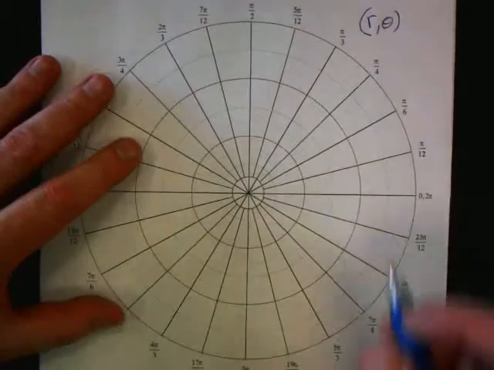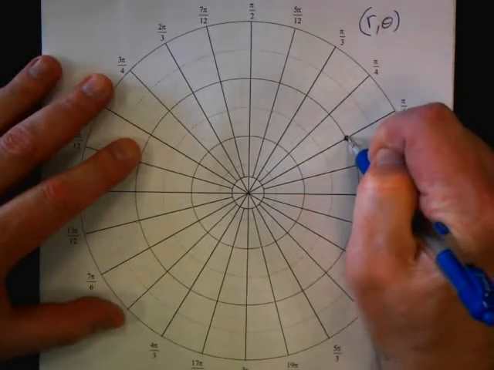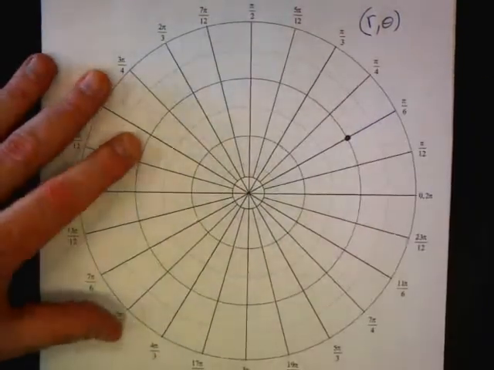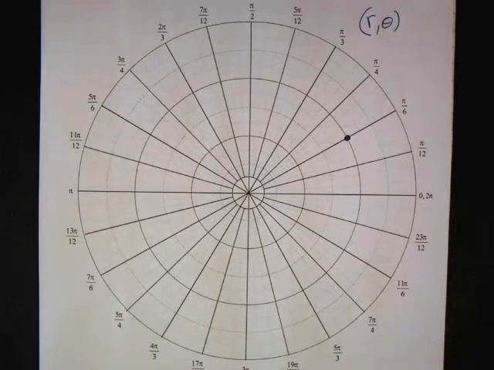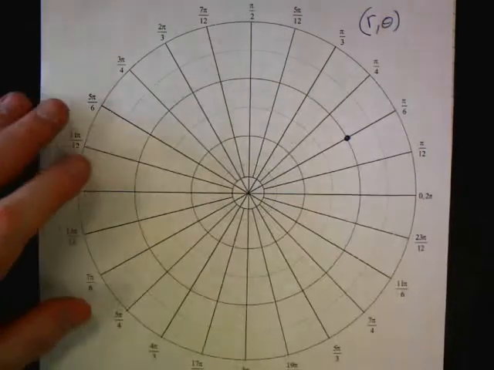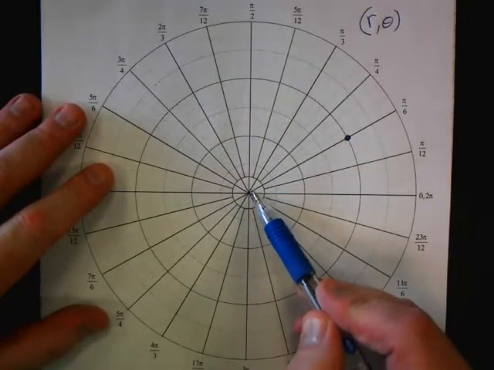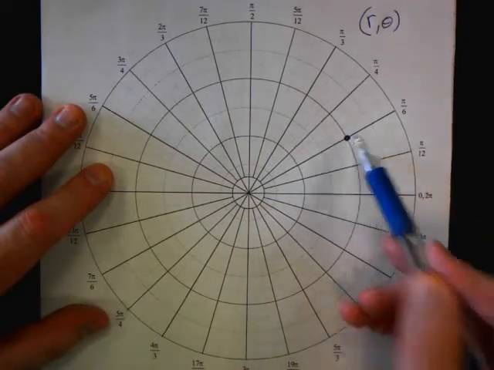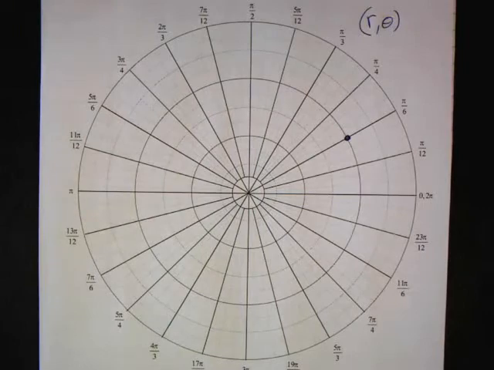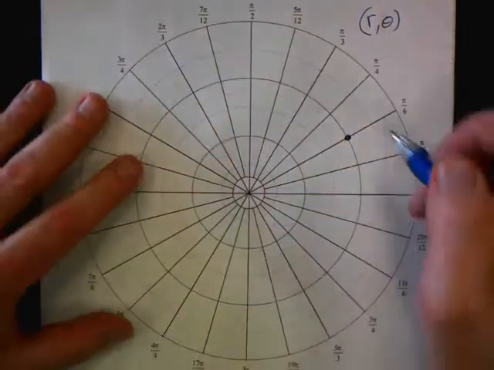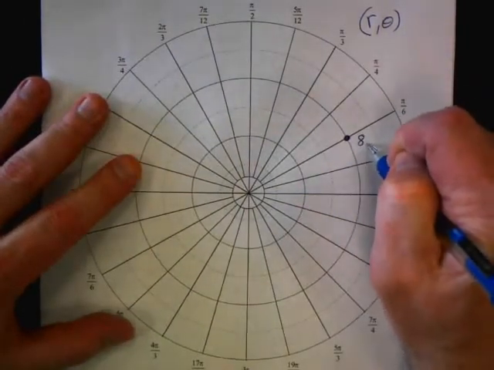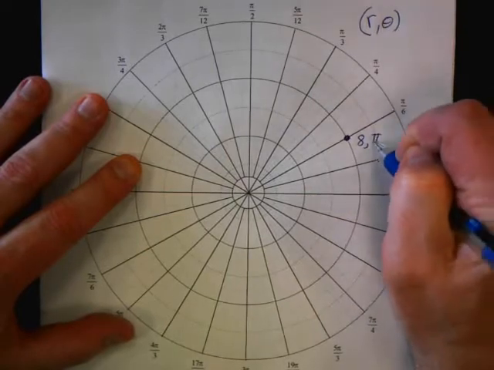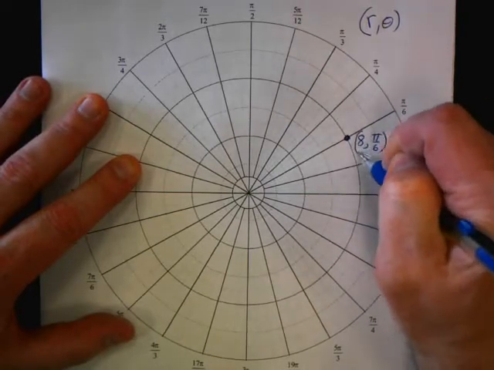So for example, what would you call this point right here? I count 8 little circles out, so that would be the point 8, comma, pi over 6.